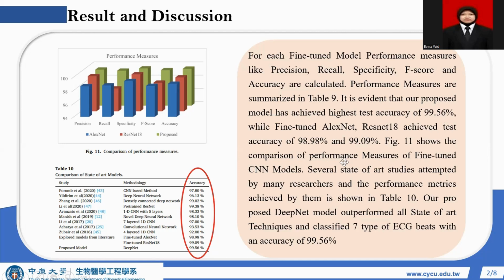And for the comparison of performance measures of CNN models, the state-of-the-art studies attempted by many researchers, and the performance metrics achieved by them, are shown here. Our accuracy is very high, higher than the other literature.